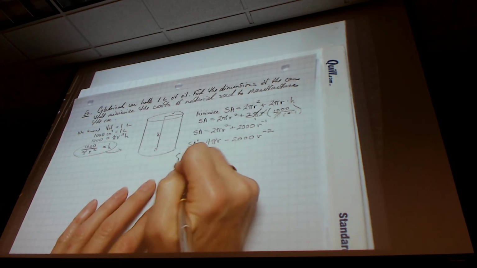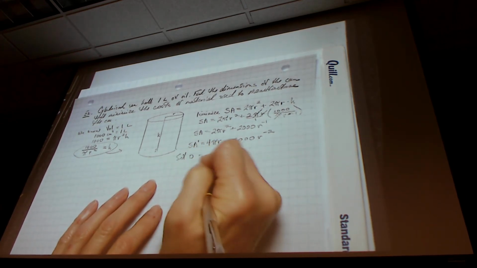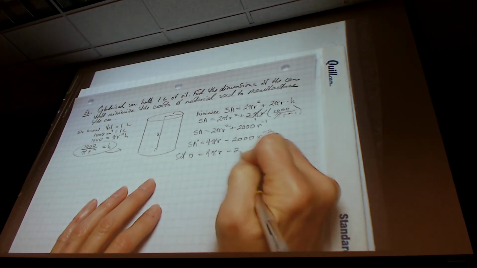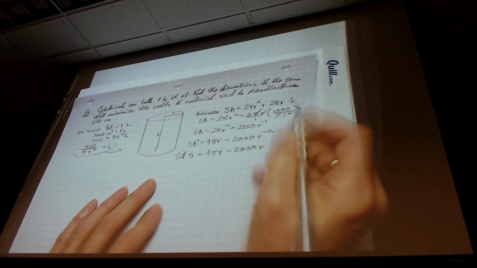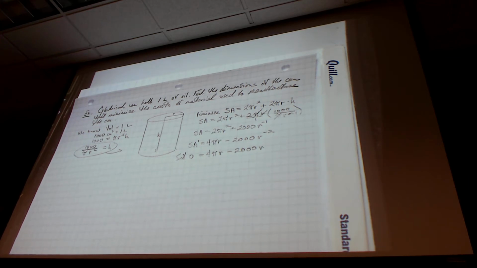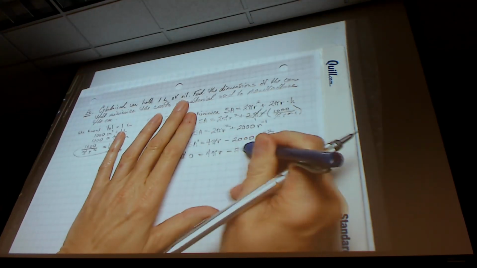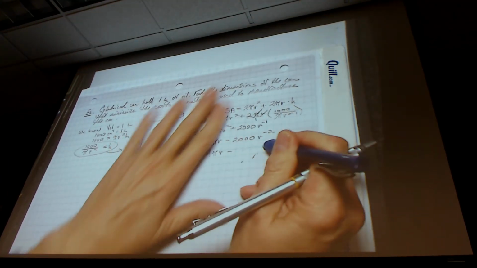So I want to set that equal to 0. Well, how about, okay, yeah. I'm going to write this now as 2,000 over r squared.